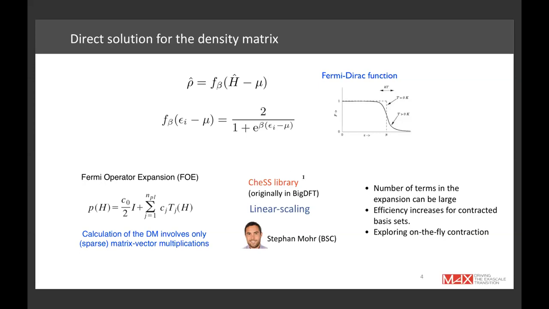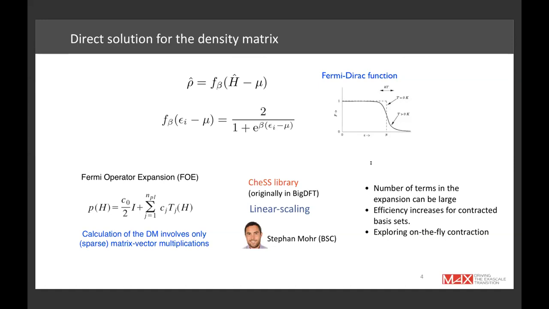This has been implemented in the CheSS library, which was originally part of BigDFT, and has been made into a standalone library and also ported to Siesta by Stefan Mohr from the Barcelona Supercomputing Center. So this is another linear scaling addition to the Siesta repertoire.